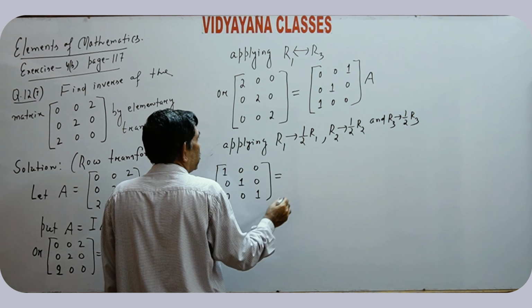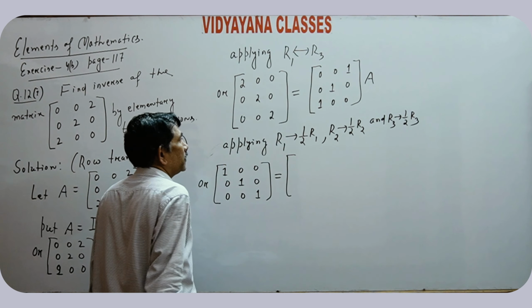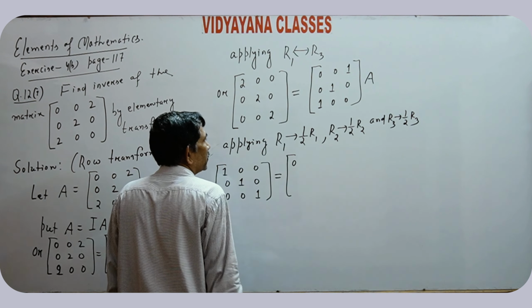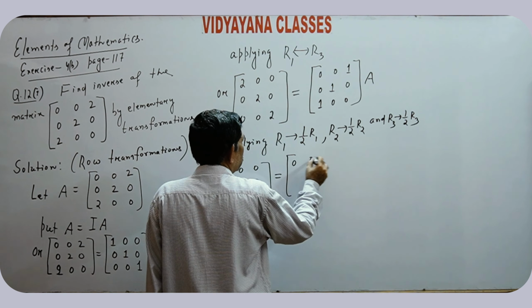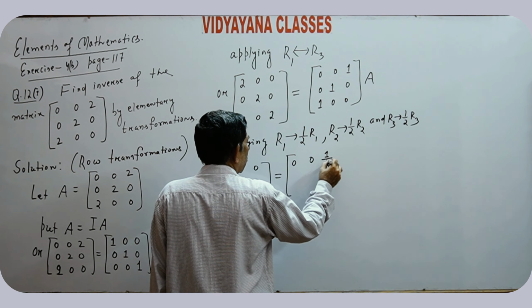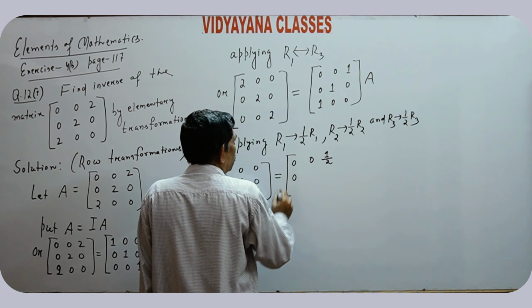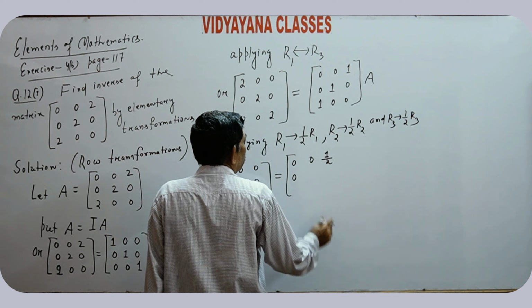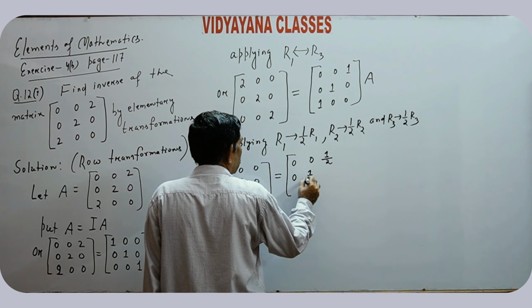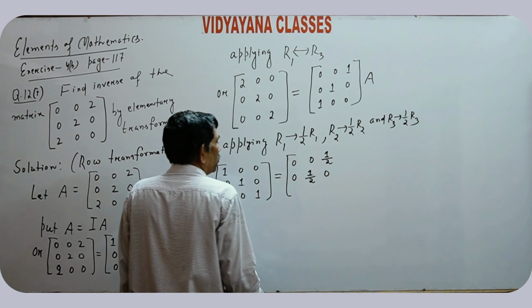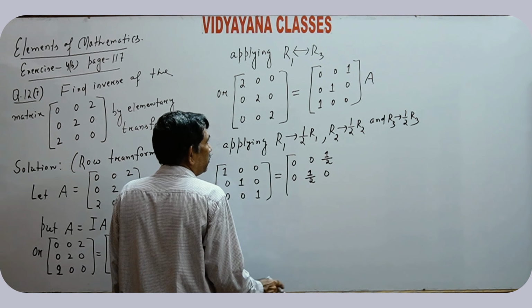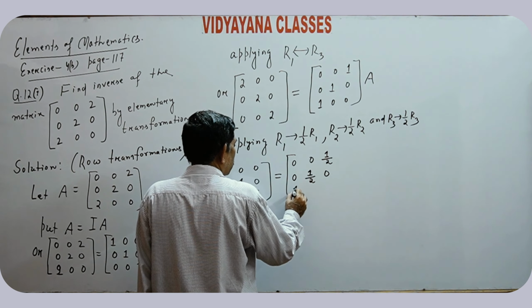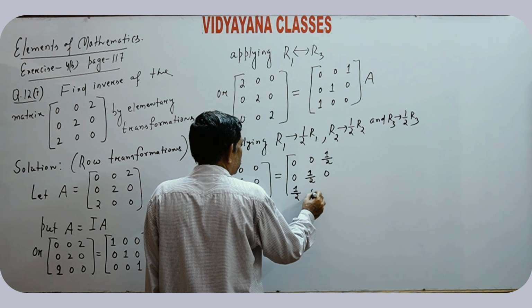So this is the same as row 1 replaced by half of row 1, row 2 replaced by half of row 2, row 3 replaced by half of row 3: half, 0, 0.